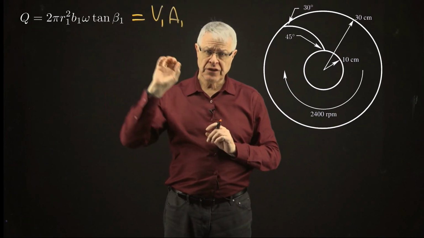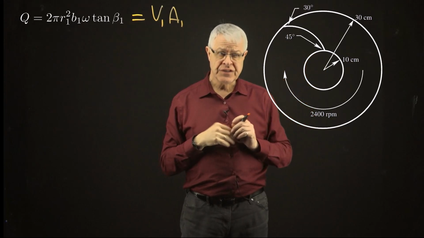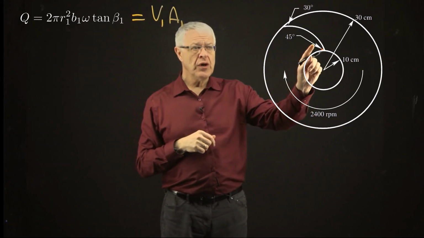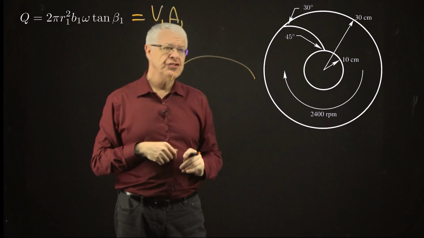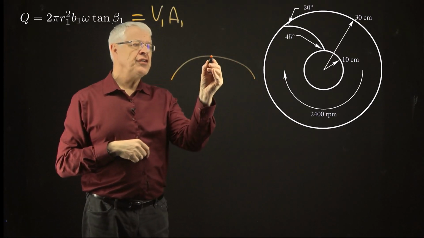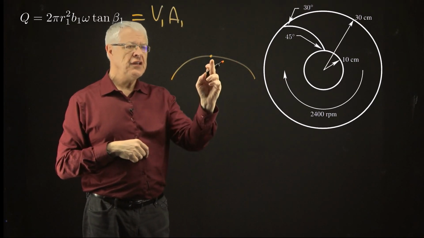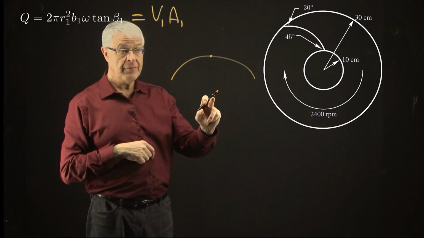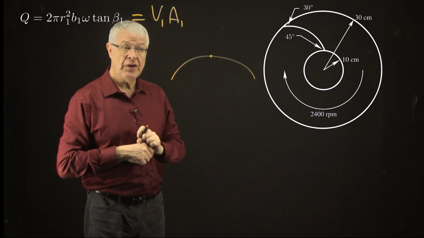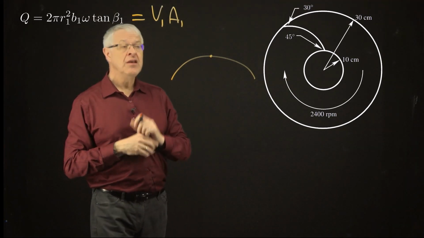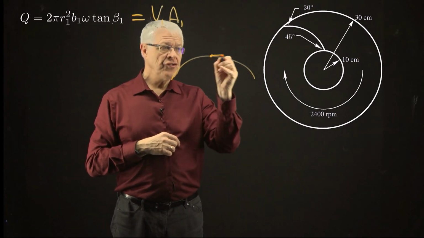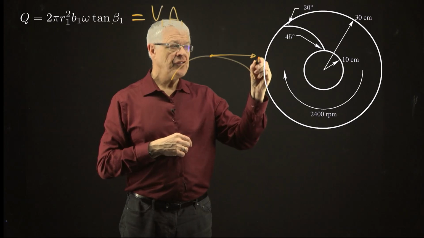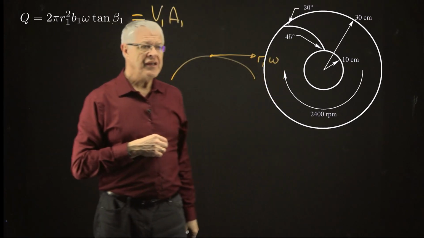So I want to just take a look at that in a little more detail and see where that comes from. So I'm going to draw on this thing. So let's say this is our inner circle, and the point I want to consider is immediately above the origin here, or immediately above the axis of rotation. So that spot right there, I'm going to draw it. So realize that point right there is moving to the right at a speed r1 omega, right?